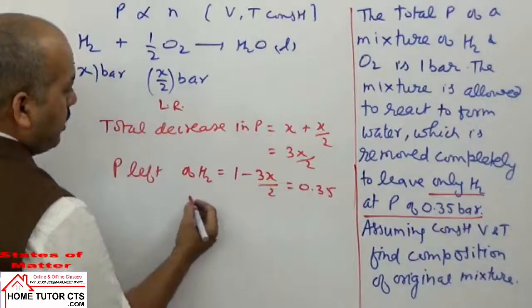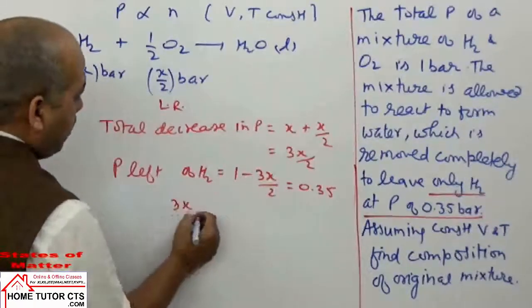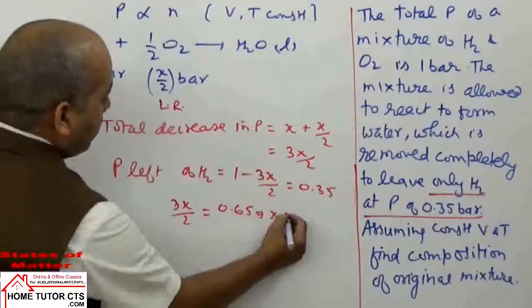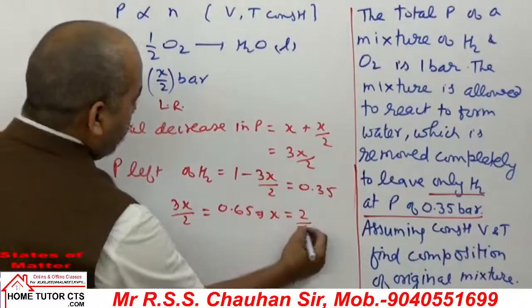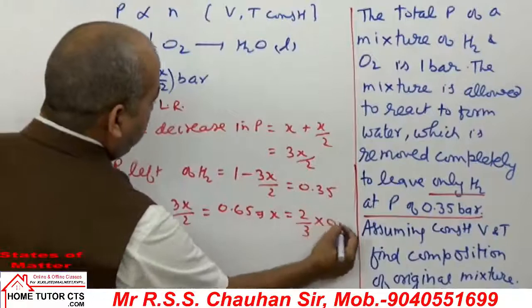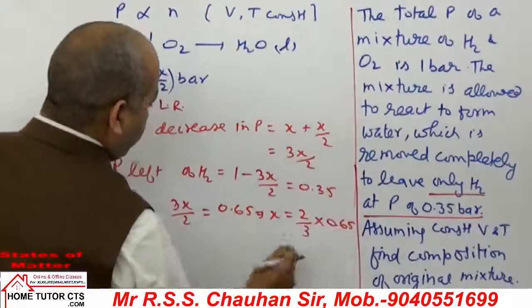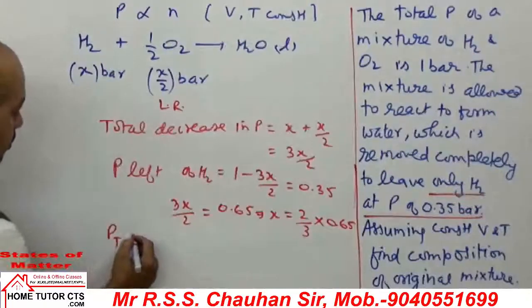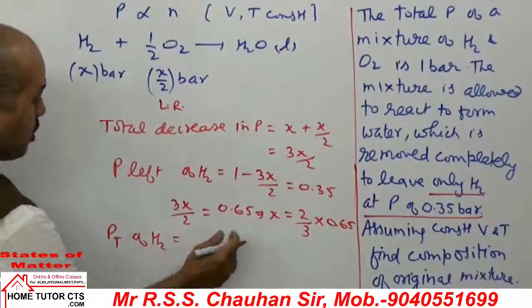So 3X by 2 is equal to 0.65, and X comes to 2 by 3 into 0.65. So what is the total pressure of hydrogen in the original mixture?